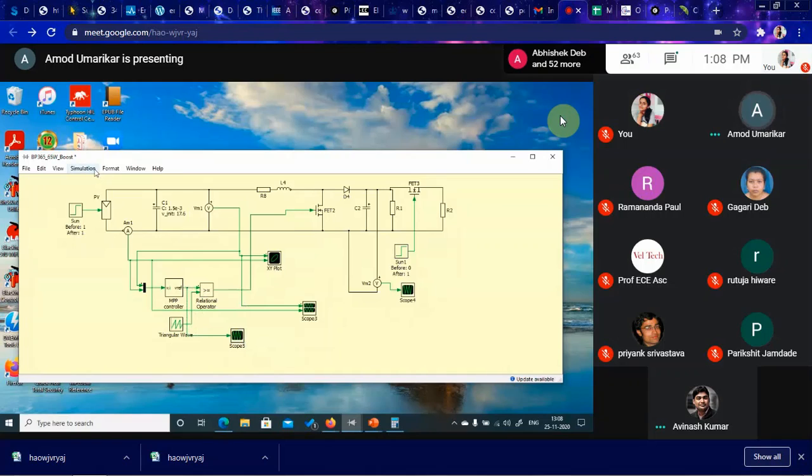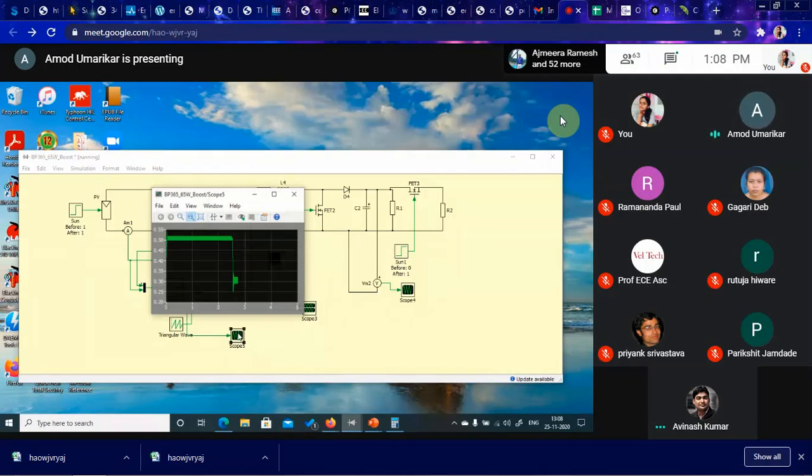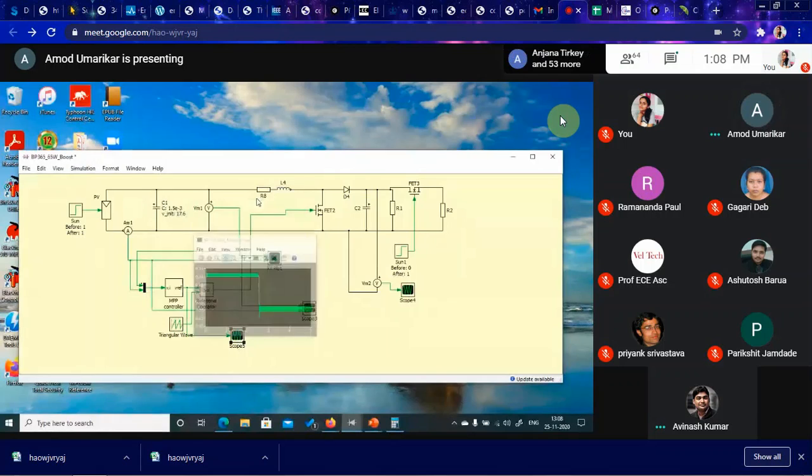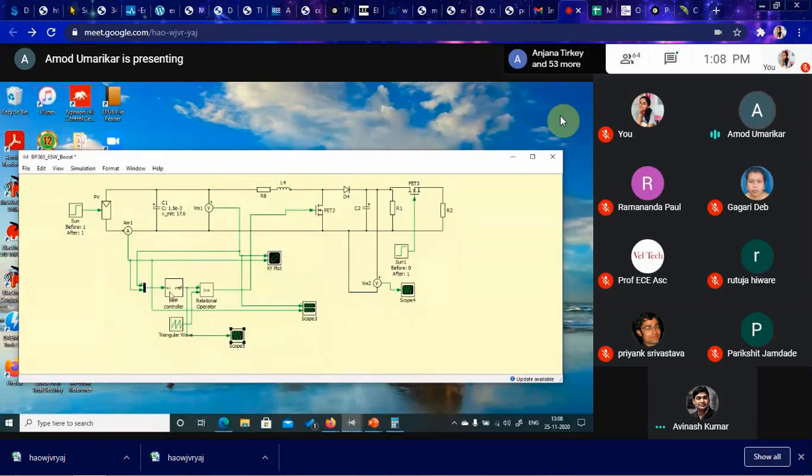We'll correct it here. This is the duty cycle, which is the output of the MPP controller.